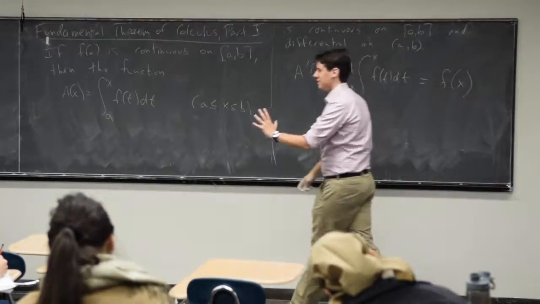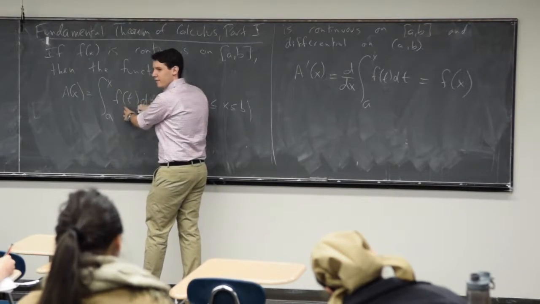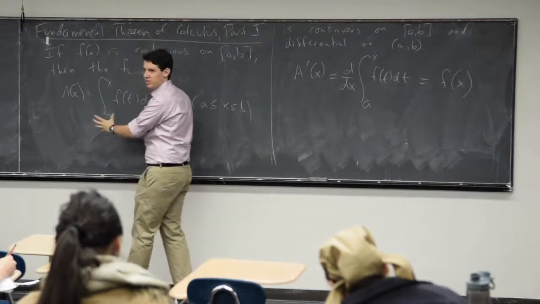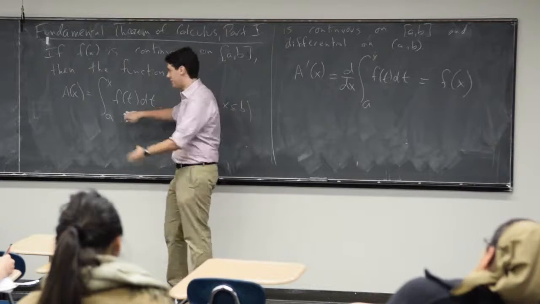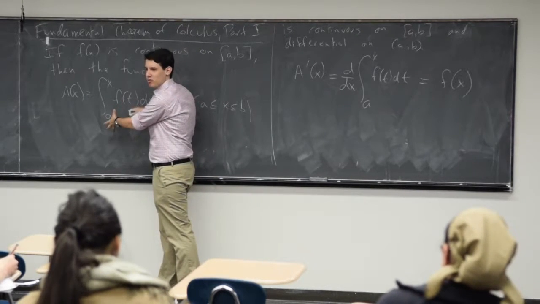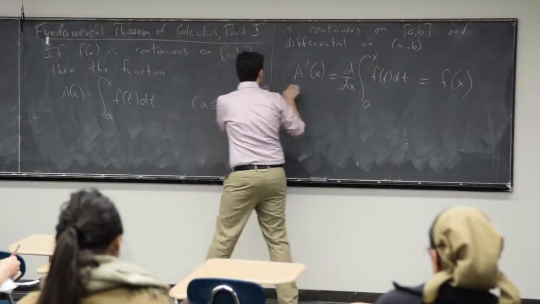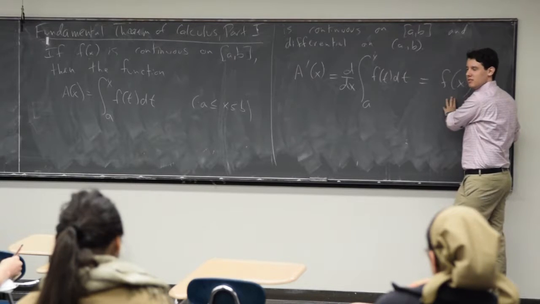So this says, when we have a function f, and we look at this area function, which is this integral function, this function is taking an integral, this definite integral. And when we take the derivative of that function, we get back what we started.